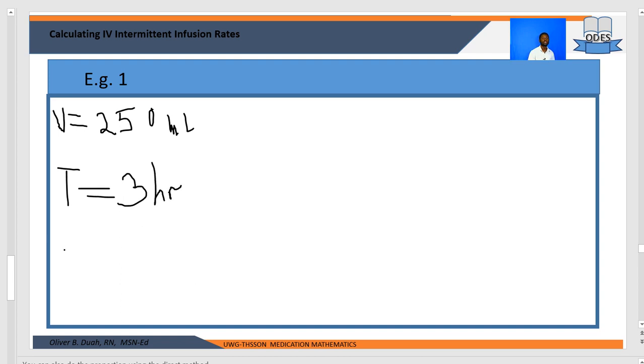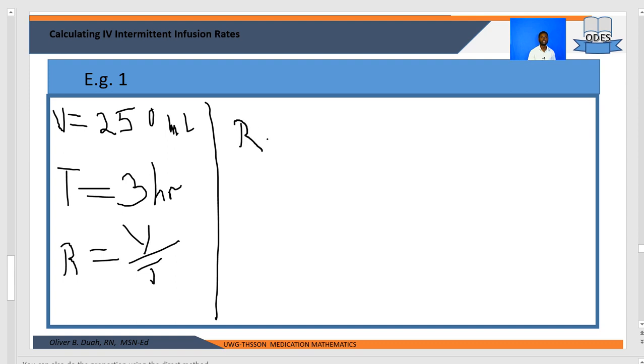We know that rate is equal to volume over time. Okay? And so all that we are going to do is swap this with the actual figures.